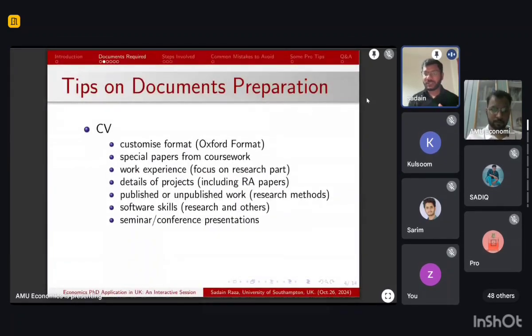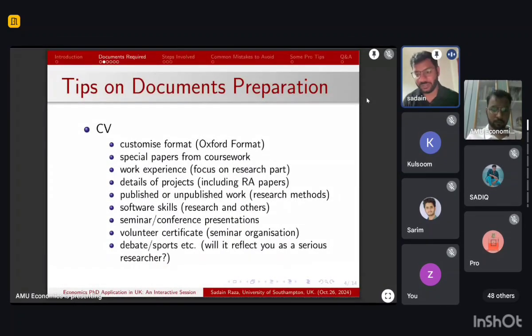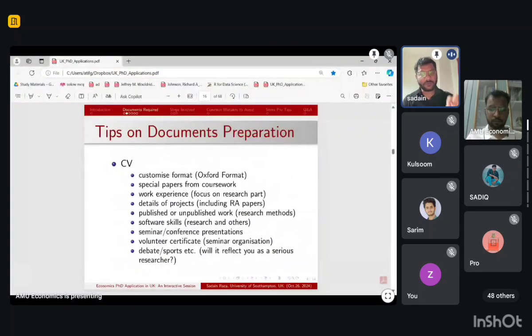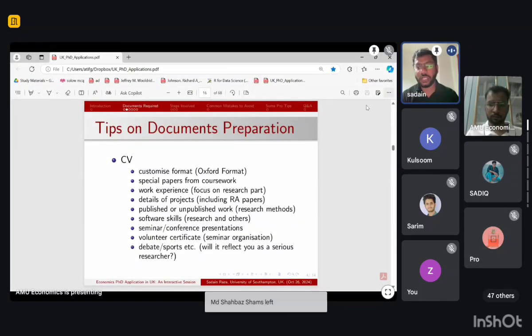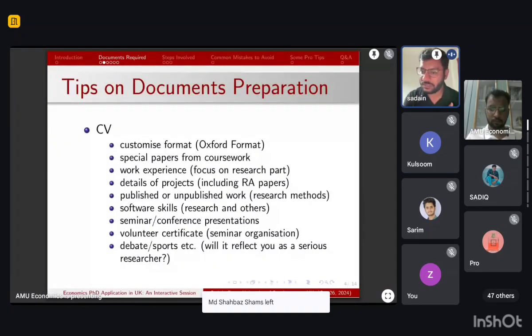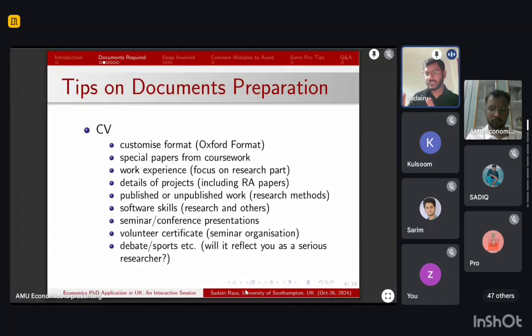The thing is work experience. What I want to say is that you should try to focus on making your work experience research based. Say, for example, you have been teaching for the last 4 years in some university. You will have to mention along with your teaching experience how the teaching helped you in deciding your research topic, maybe something like that. Because what we do in a PhD is research and research only.